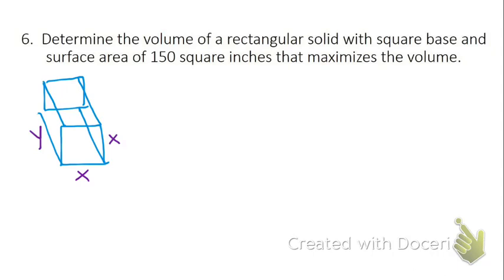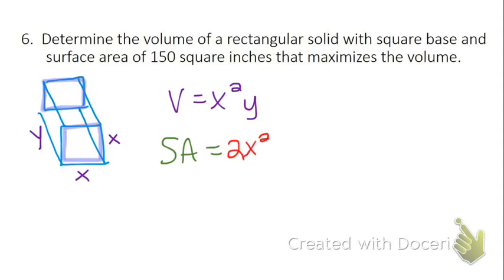Okay? So, as far as the volume goes, I know that the volume of this thing is length, width, and height. So the volume is x squared y. Alright, the surface area is where you have to consider each of the faces. Okay? If I look at the front, or really that's the bottom, and the top, the area of those two are x squared, and there's two of them, so it would be 2x squared.